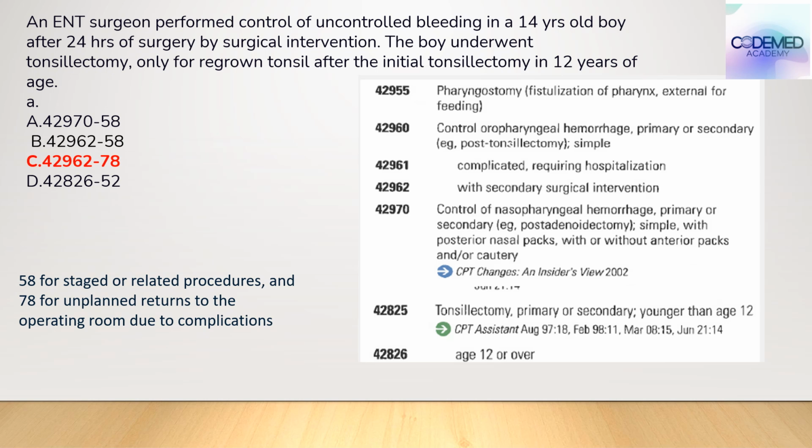So we will finalize the code 42962, and 78 is the right modifier because it is an unplanned return to the operating room. Whenever the surgery is properly done, we do not expect such a return, and it is not planned, and that's why, more than 58, 78 is the right modifier, and that will decide our answer.